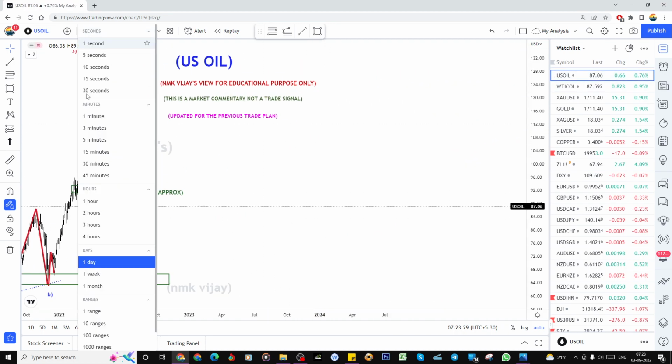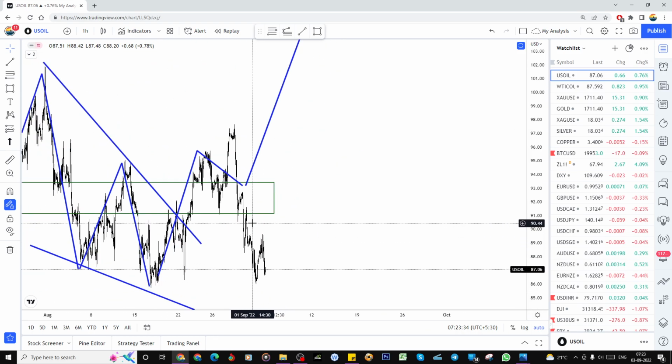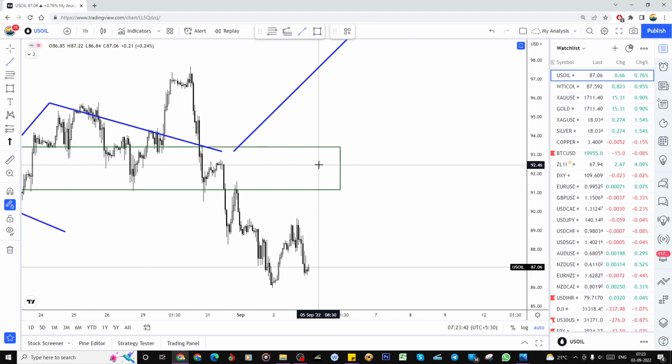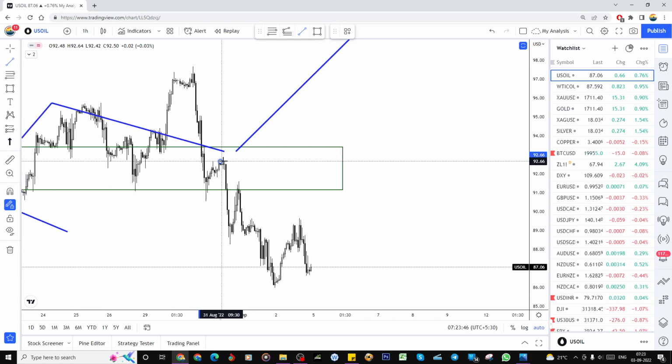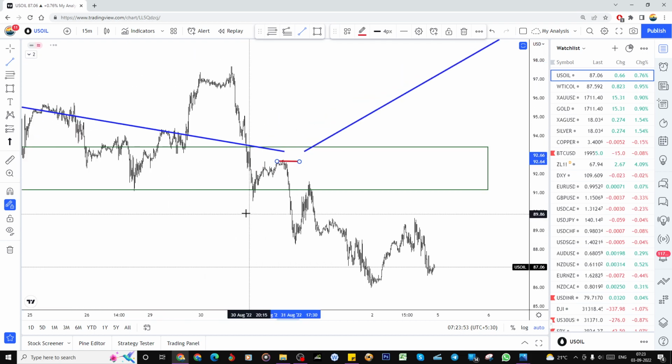This is also a beautiful trade. I booked the profit nearly from here also. I'm expecting the 90.8, and it bounced from here, and I exited exactly at 92.5, because I'm not so satisfied with this.